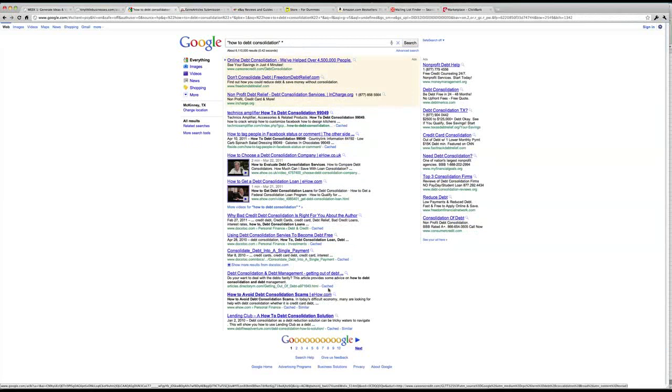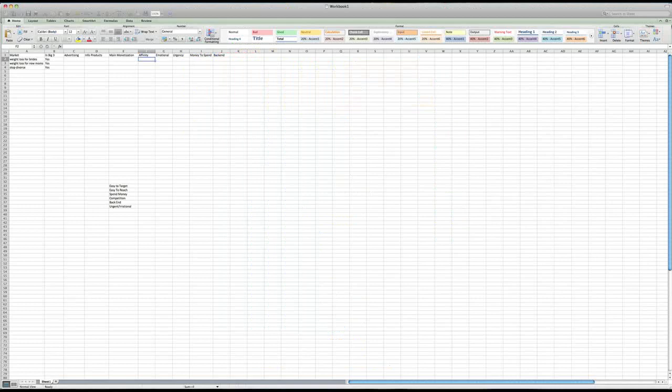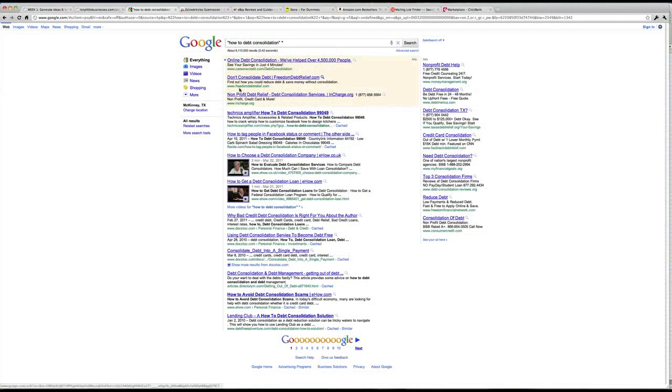Debt consolidation, loans. So what we'll do here as a general rule, as a starting point, we'll put debt consolidation here. Okay, and we'll move on and look at another one. I think that's at least a good place to start.